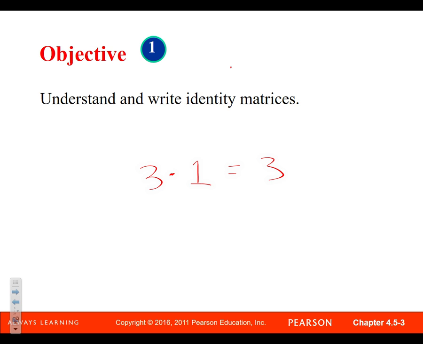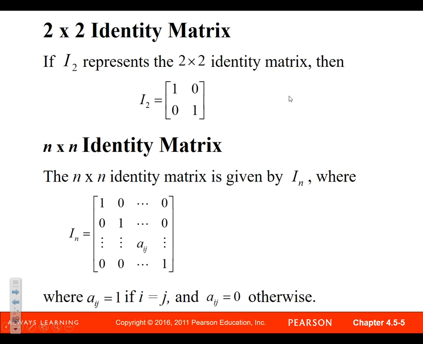Make sense? Okay, so let's talk about the identity matrix. The identity matrix looks like this for a 2 by 2. You recognize what that looks like?